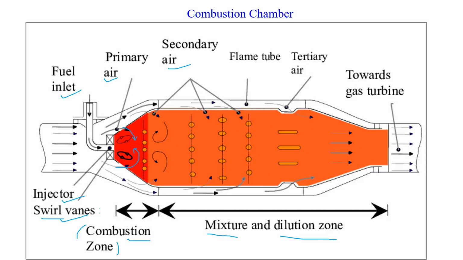So this is a simple explanation of the combustion chamber. Here I explained the fuel inlet, injector, swirl vents, primary zone or combustion zone, mixing zone, and dilution zone. This is the typical representation of the gas turbine engine.